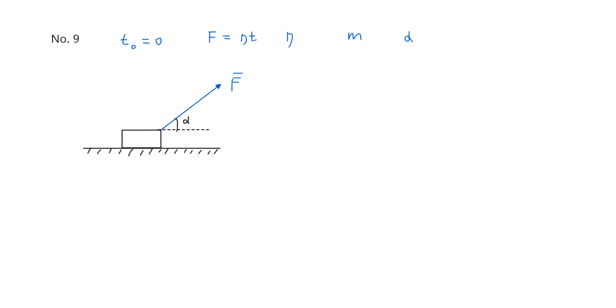I think I'll draw some coordinate axes, x and y, and origin is O. And in these coordinates we can write Fx. What will be here?